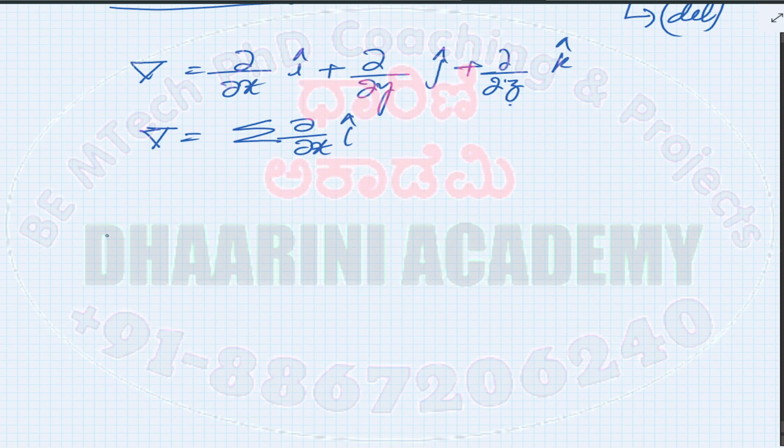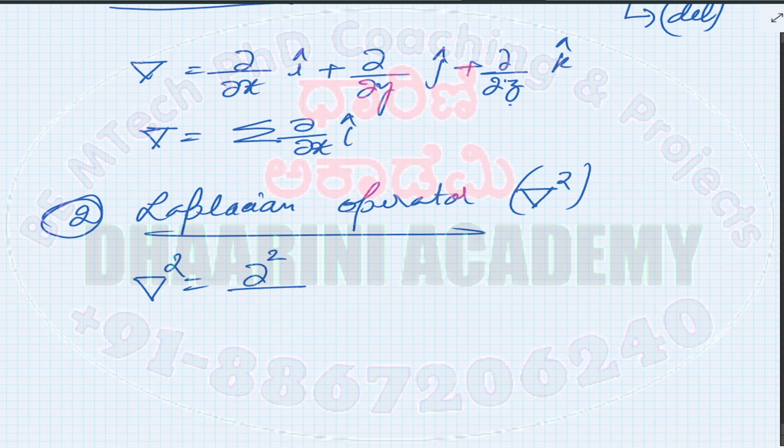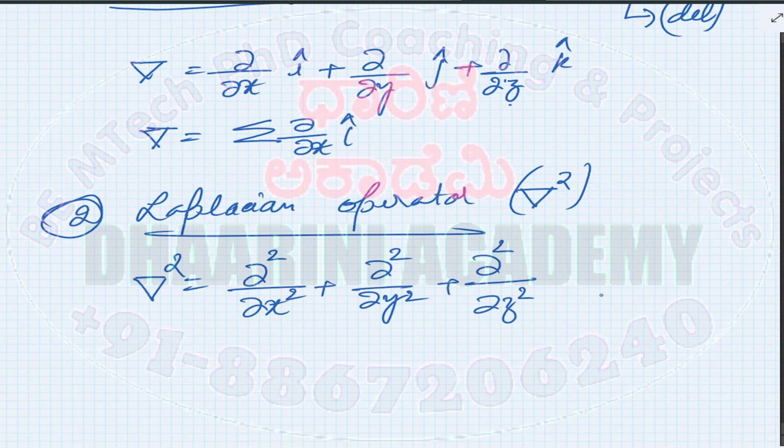So let's go to the second case. That's the second operator. This is called the Laplacian operator, right? So this is denoted by del square. So what is a del square? Del square is a double differentiation: dou square by dou x square plus dou square by dou y square plus dou square by dou z square.